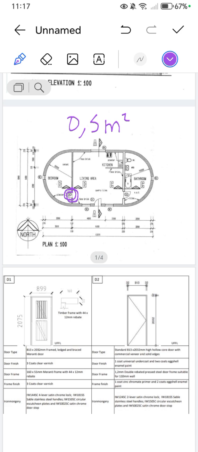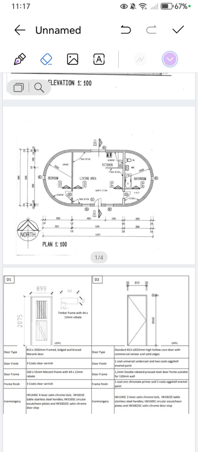If it doesn't, then I can just measure the quantity as if I'm painting throughout from here to here, the whole thing as it is. So that's basically one of the rules in the standard system when it comes to your doors.